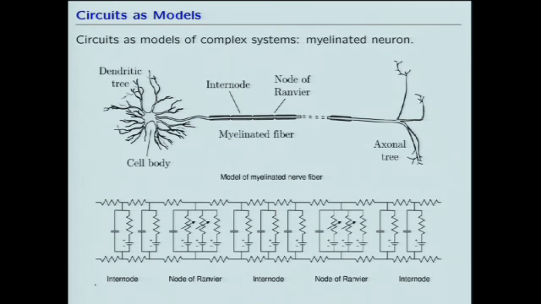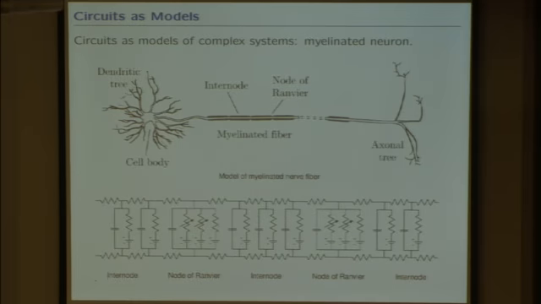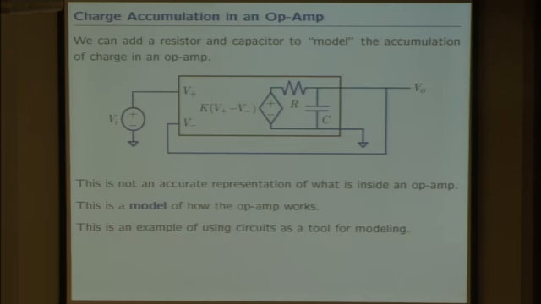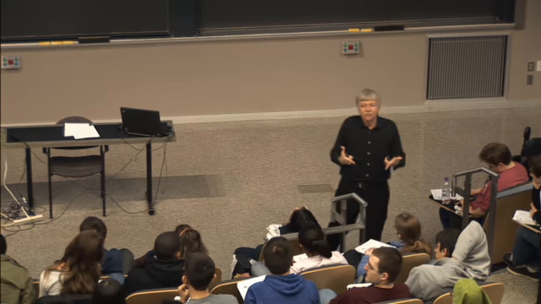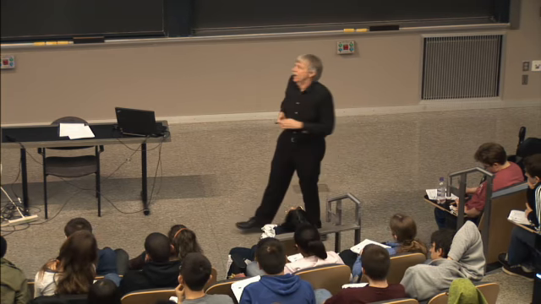So for example, here is a model taken from 6.021, where we try to understand how a nerve propagates an action potential by making a circuit model. That's the same thing we're doing here. We're making a circuit model for how the op-amp works. It's not intended to be literally what's inside the op-amp. It's intended to be a model that lets us think about the behavior of the op-amp.